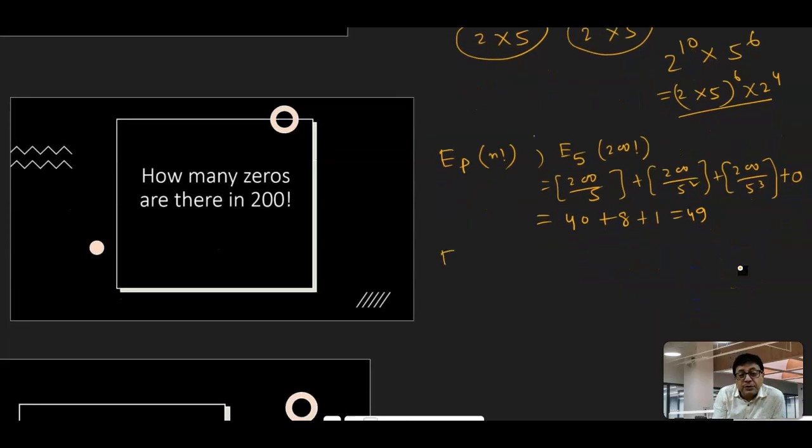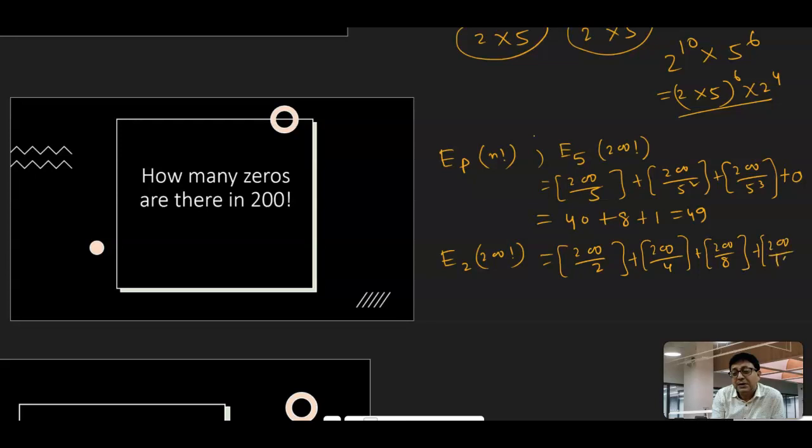Let us see about 2. E2 of 200 will be much more than that, much more than 49. See, here only it is exceeding. 200 by 2 squared, 4. 200 by 2 cubed, 8. Then 16.